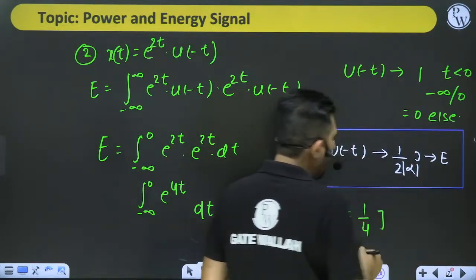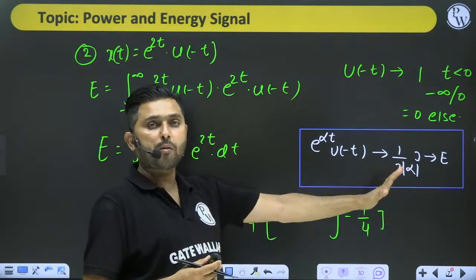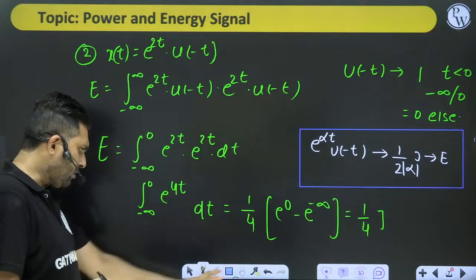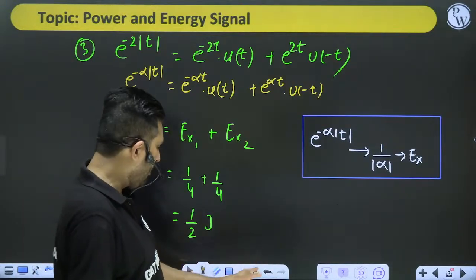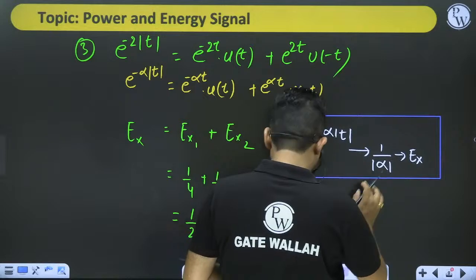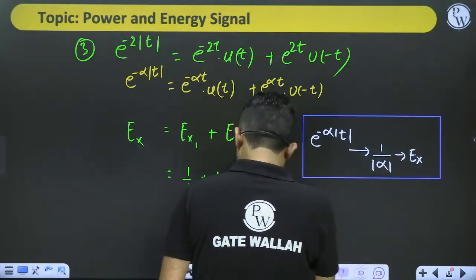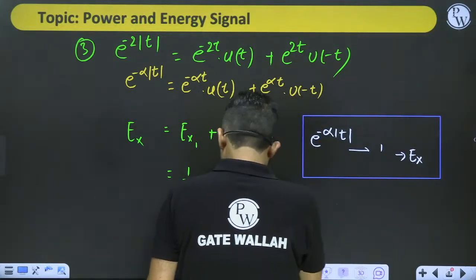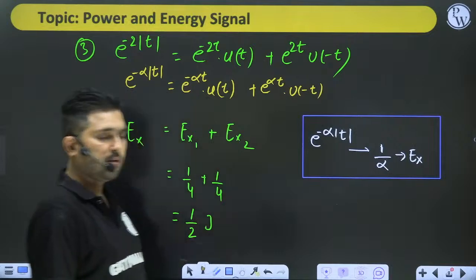If alpha is negative, there is neither energy nor power, but it's okay, we will see. Let's remove this mod sign. I will cover what will happen when alpha is negative. One by alpha. We will see this.